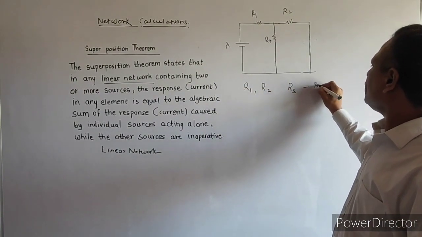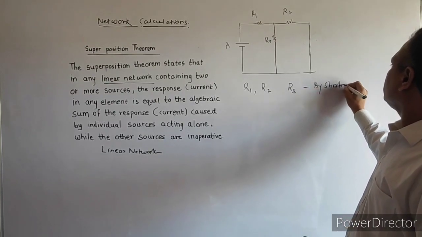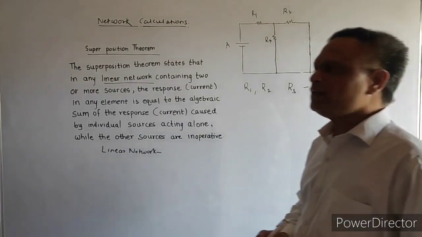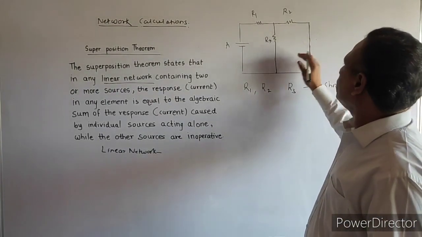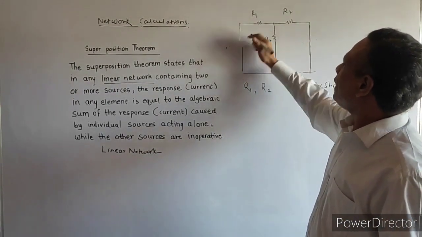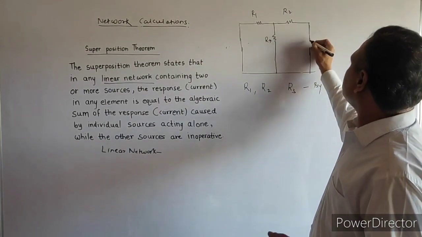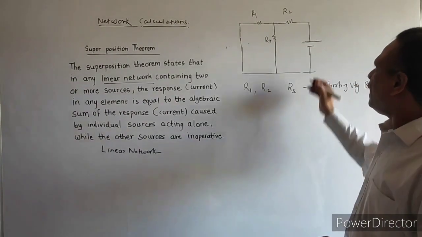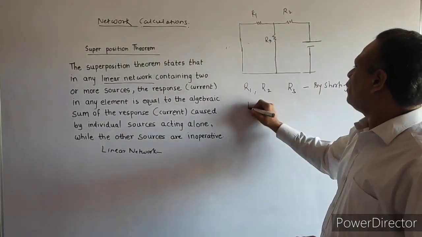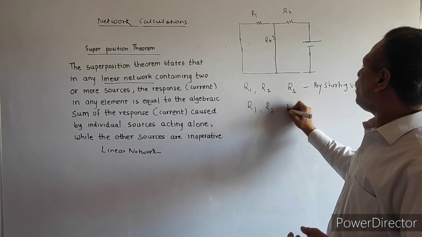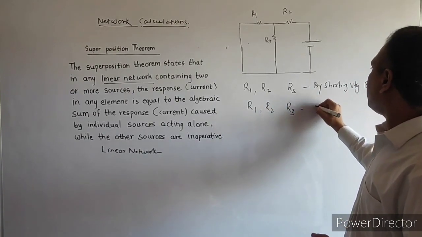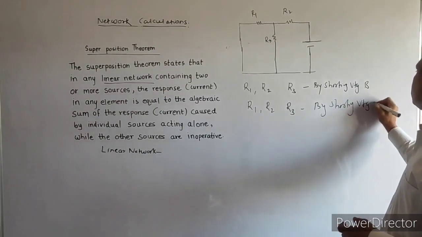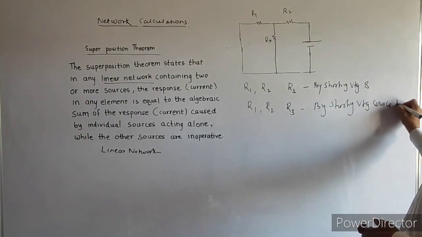So this is by shorting voltage source B. Now in the second case, we have to short A and keep B, and again the currents through R1, R2 and R3 are to be calculated, that is by shorting voltage source A.